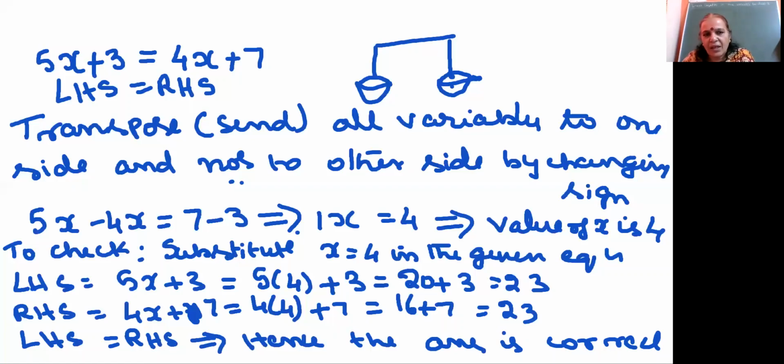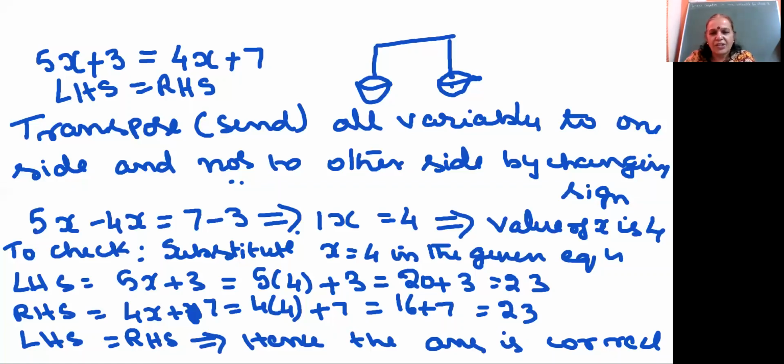In this method, transpose: send all variables to one side and numbers to the other side by changing the sign. Now 5x minus 4x is equal to 7 minus 3, and therefore 1x equal to 4. Value of x is 4.